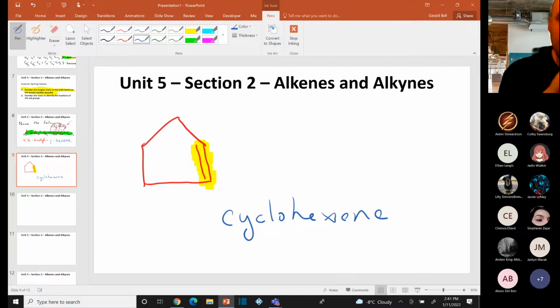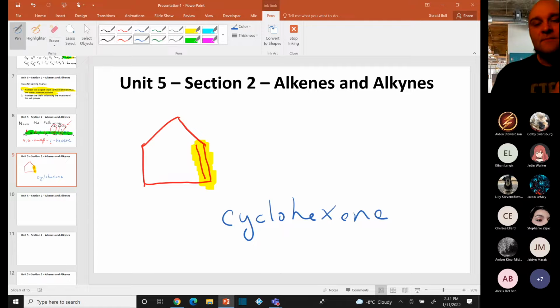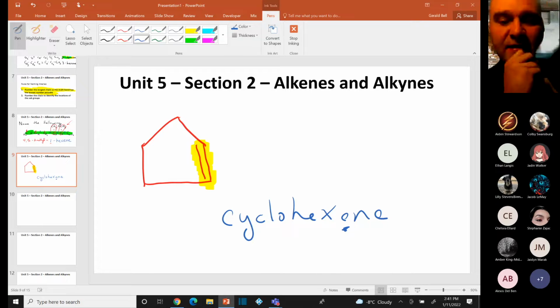I don't need to write the 1 in. I used to write the 1s in a lot, but then I realized that the multibond is always in the 1 spot. It's redundant. It couldn't be in the 2 spot, because our rule says you always want the multibond to have the lowest number possible. So that one is just cyclohexene. I've got an E there, and that tells me that we have a double bond.